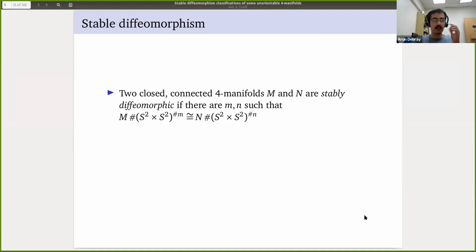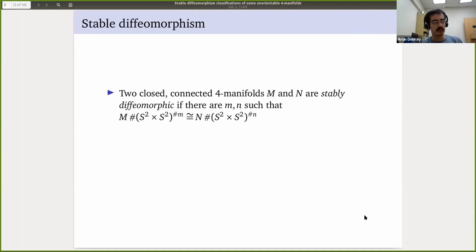Basically, there are finitely generated groups for which we cannot algorithmically decide whether they are the trivial group. And given a presentation of a group, you can construct a four manifold with that group as its fundamental group. And so we can't decide whether those four manifolds are simply connected, and therefore we cannot classify four manifolds up to diffeomorphism.